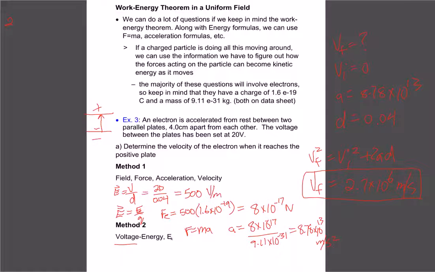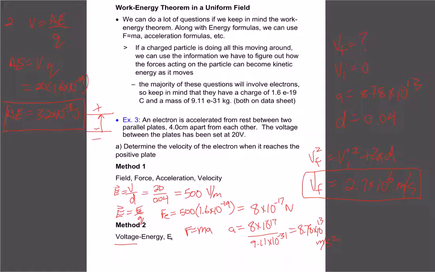So we're going to use our voltage formula, which was energy over Q. So that means our energy would be voltage times Q. So our voltage was 20, charge of electron 1.6 times 10 to the negative 19, and therefore we get an energy of 3.2 times 10 to the negative 18 joules.